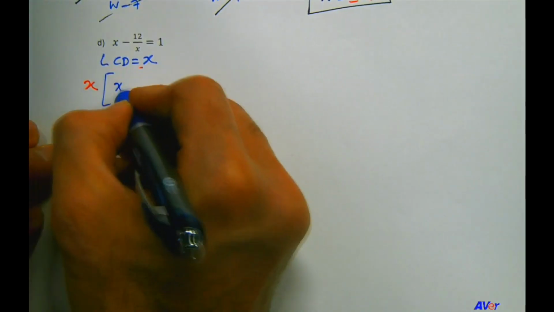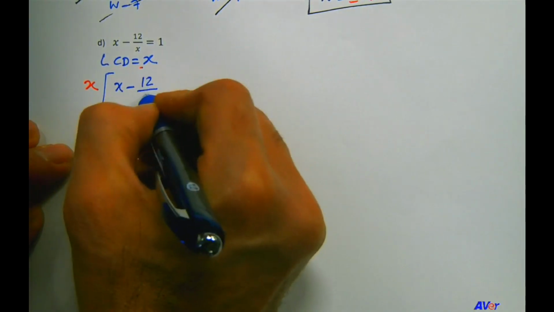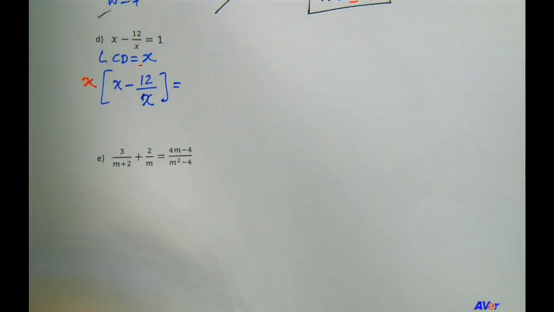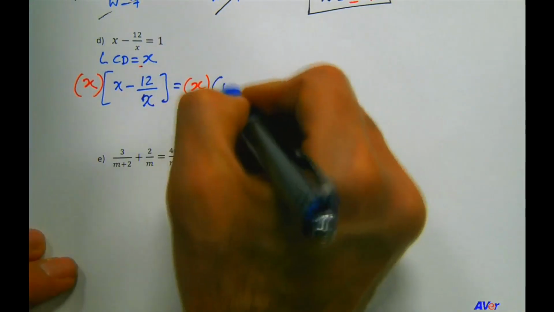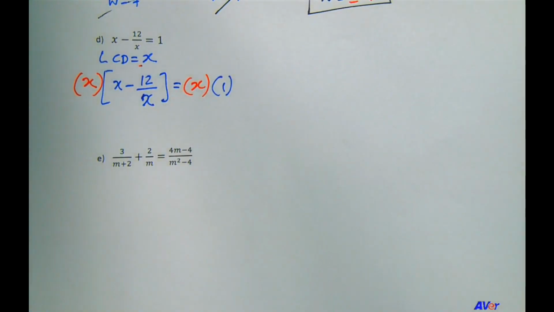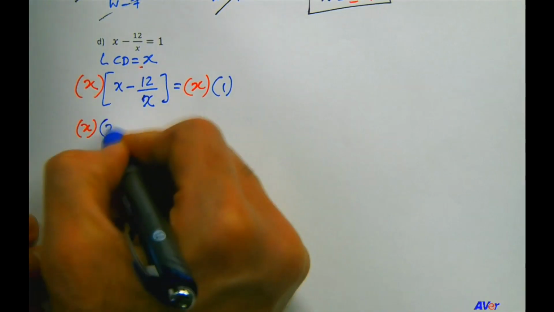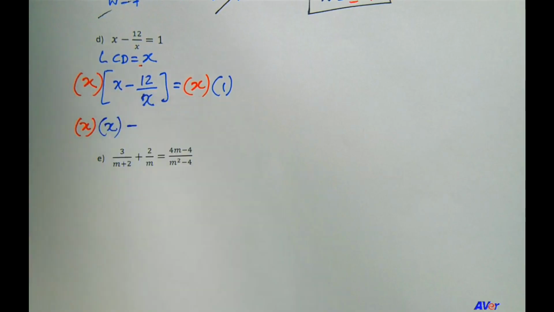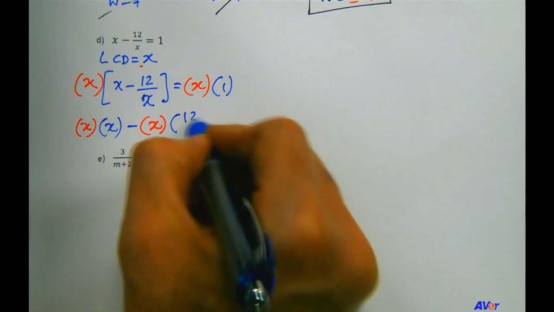So X times X minus 12 over X equals X times 1. Okay? So now distribute X times X. Do not simplify, just distribute. Minus X times 12 over X equals, that side it's okay.